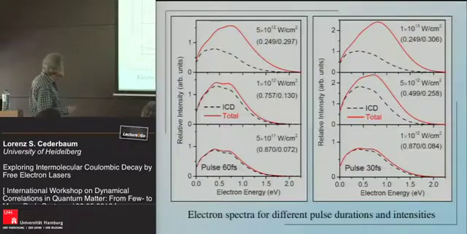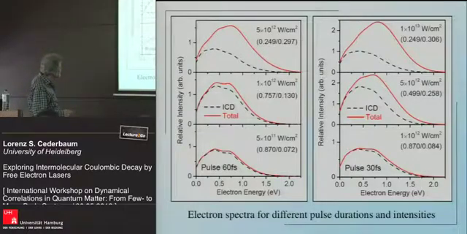So the total yield of these neon plus ions or electrons in coincidence, doesn't matter, are the red curves, and ICD alone are the black curves. You see it here. I'm standing too near, so I didn't really find it. So ICD are the broken black curves, and the total yield of neon plus ions or emitted electrons in coincidence are the red curves.